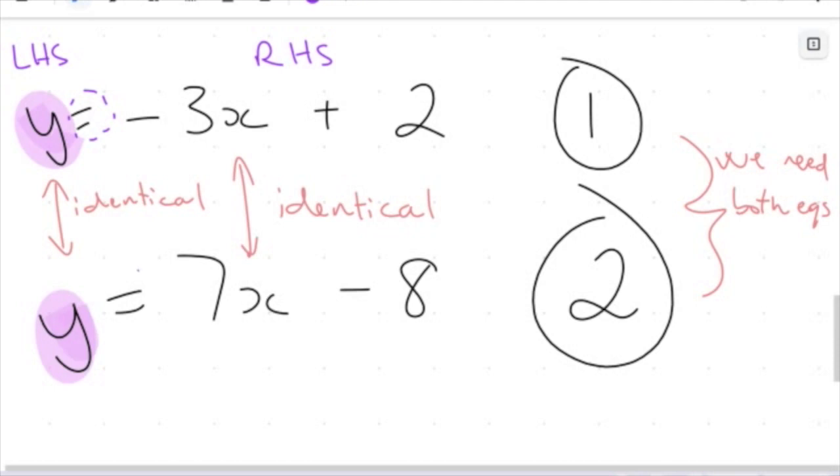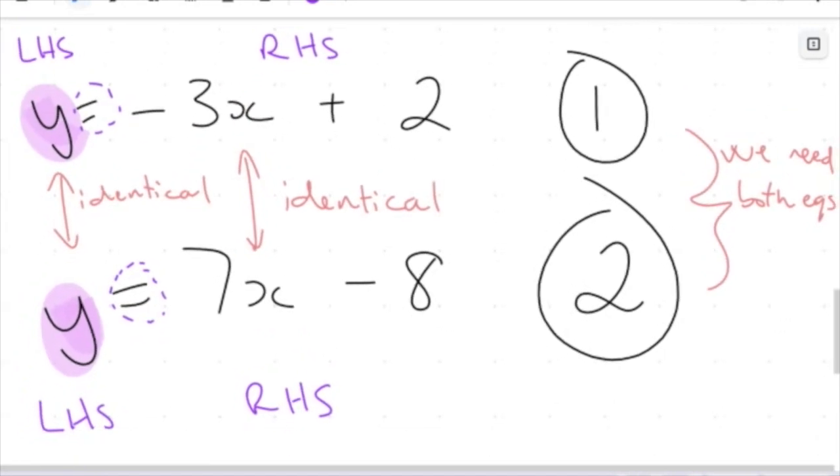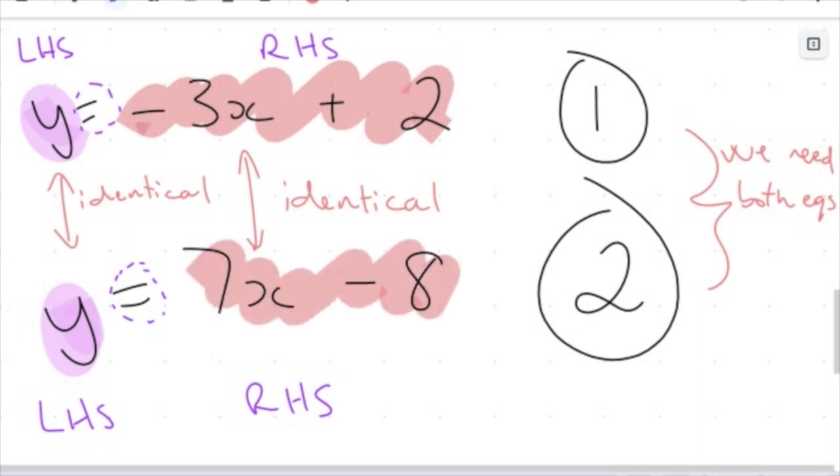Now this y on the bottom is equal to my expression on the right, because this equal sign tells me my left hand side is equal to my right hand side. Now, if these two y's are the same, and they're both the same as the things on the right hand side, we can then say, well, these two things on the right hand side are exactly the same.